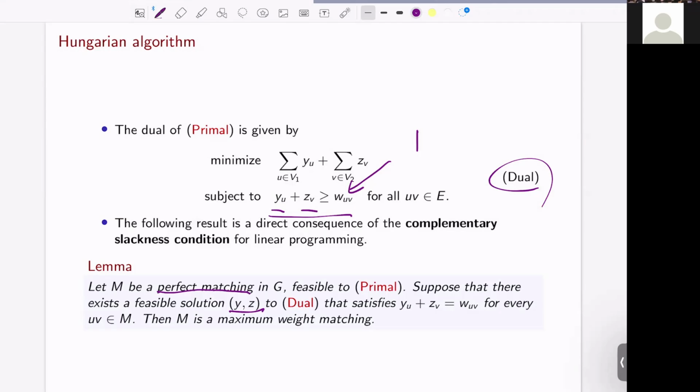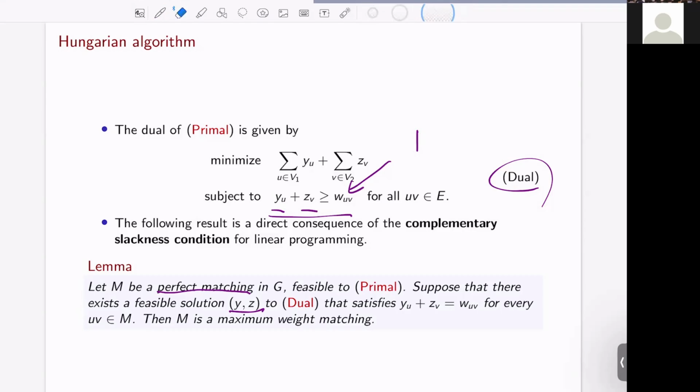So what is the statement? So let's say I have a perfect matching, a feasible solution to the primal, and I have a feasible solution to the dual. And if these things, M and (y, z), satisfy the following condition, then we can guarantee that my perfect matching is optimal. Okay, what is the condition?